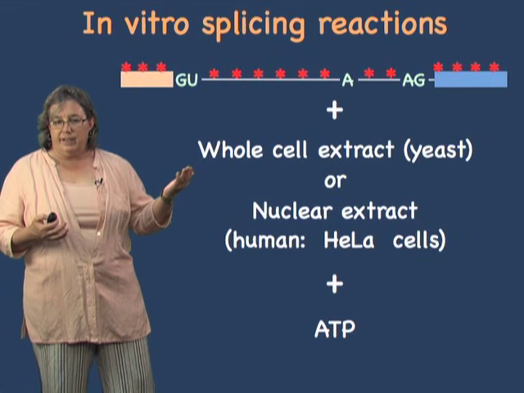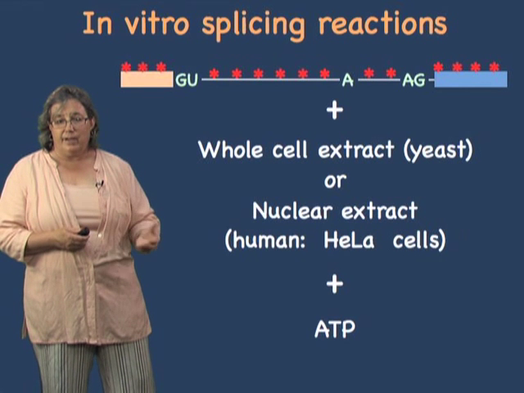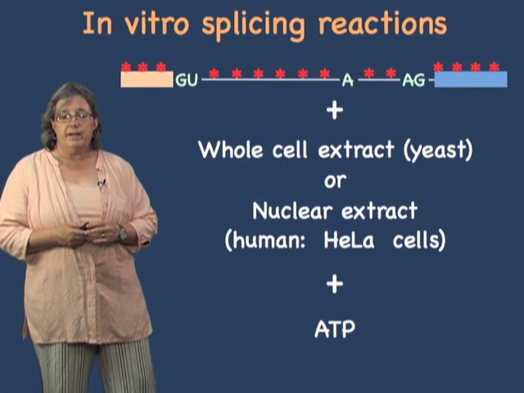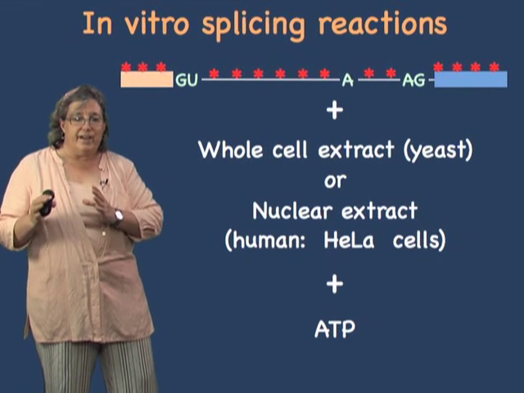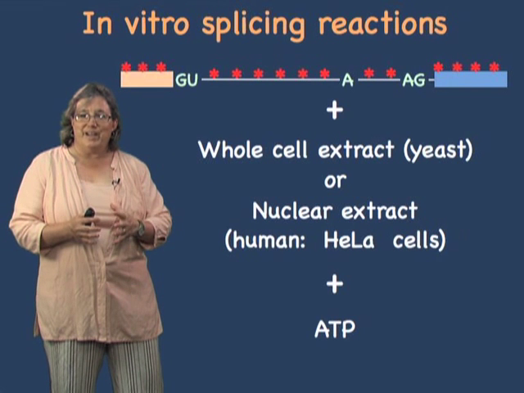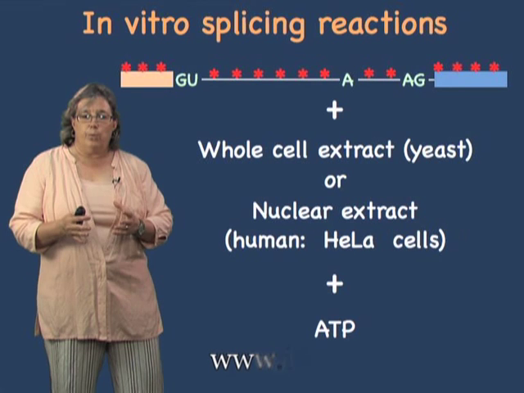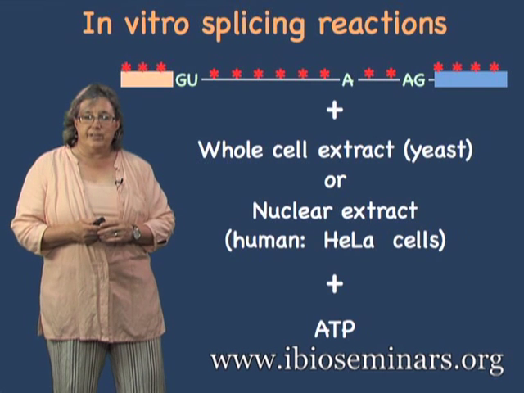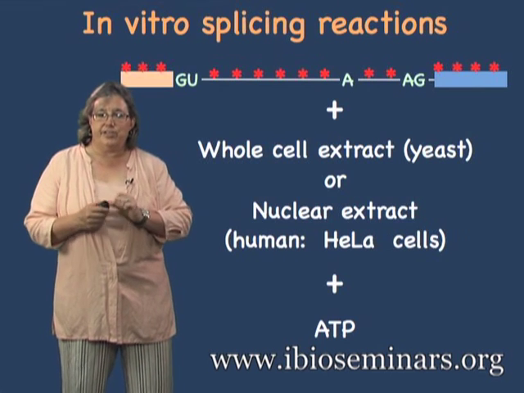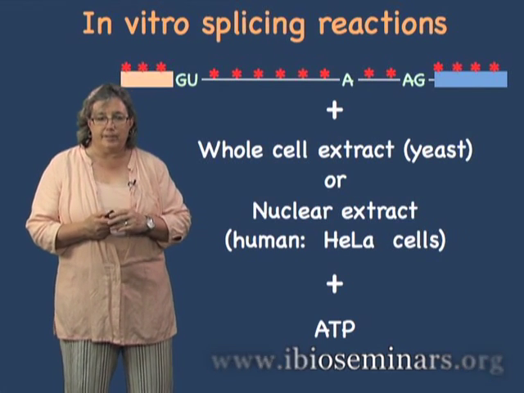It has in yeast 100 different polypeptides, in humans 300 different polypeptides. There's really just no way at present that we can purify each one of those proteins, have that in a test tube, and fully reconstitute the machinery. So right now, the best way to study the spliceosome is almost in its native environment, in unfractionated cell extract.